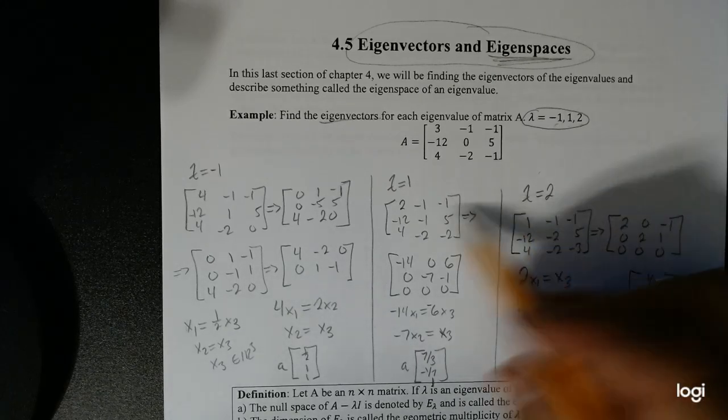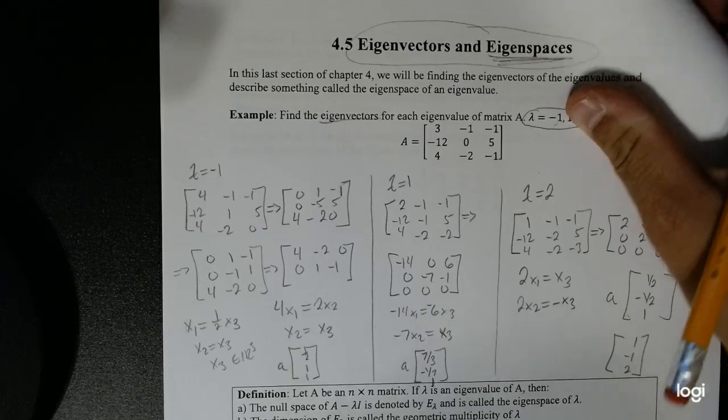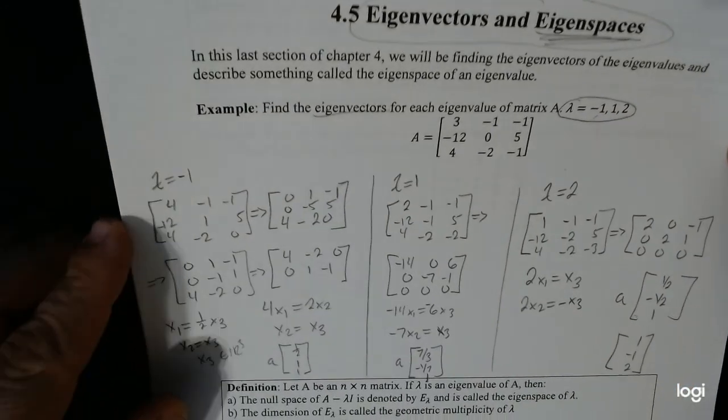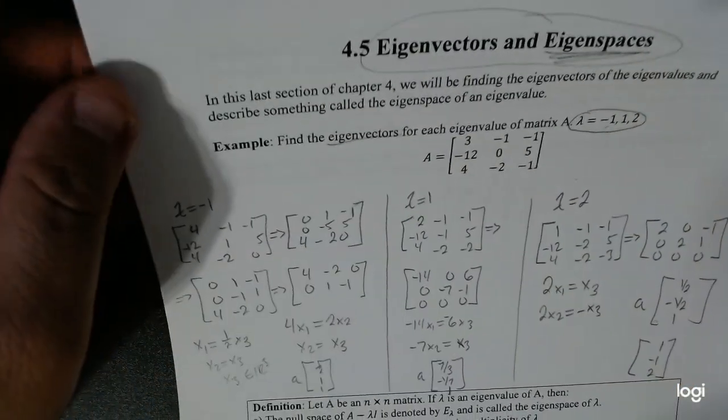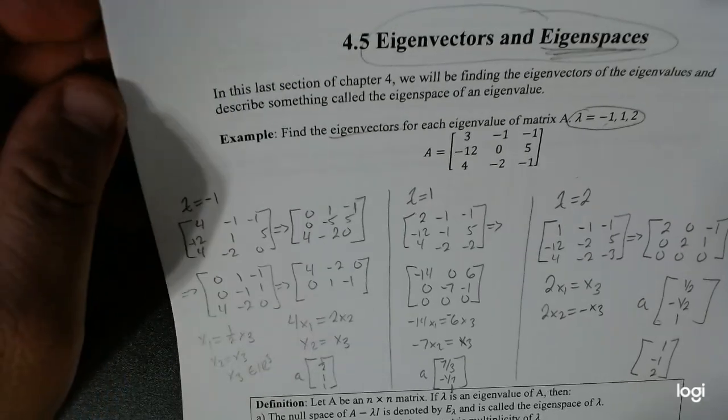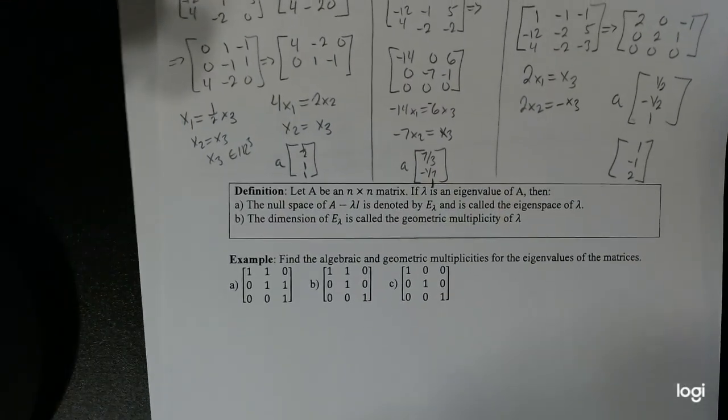All right, so that was a little review of eigenvectors themselves. Now the goal is: what is an eigenspace? The good thing is we've already done this. Now we're just going to give it a name. So let A be an n by n matrix.